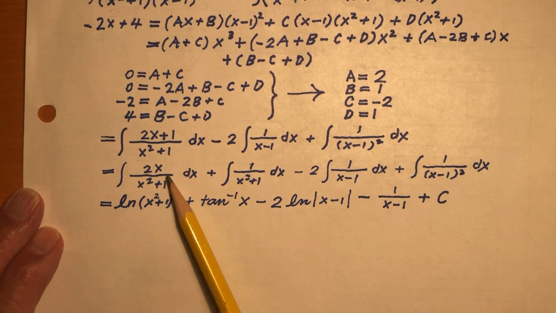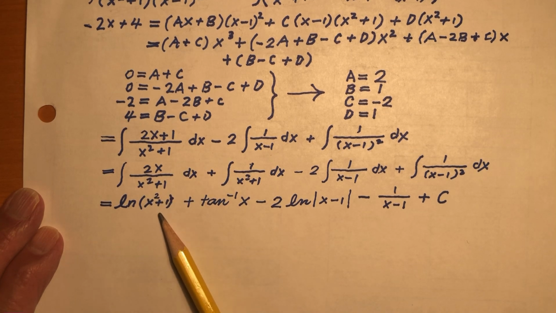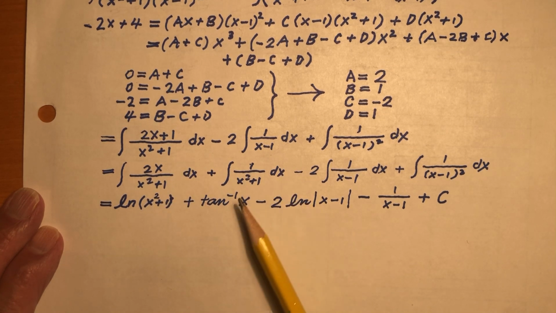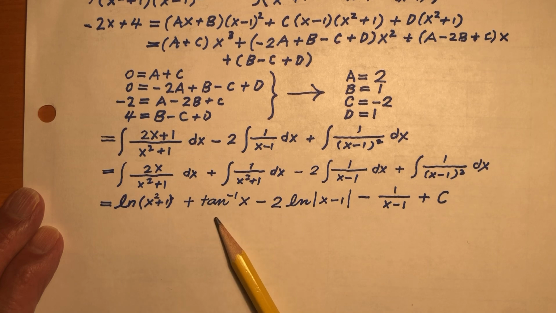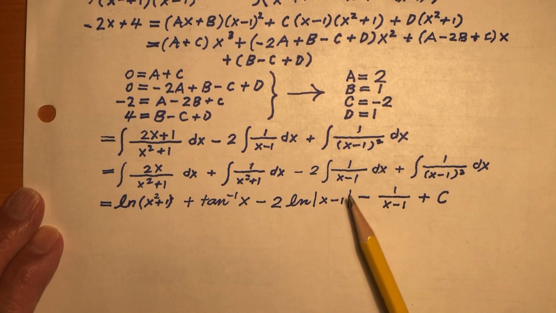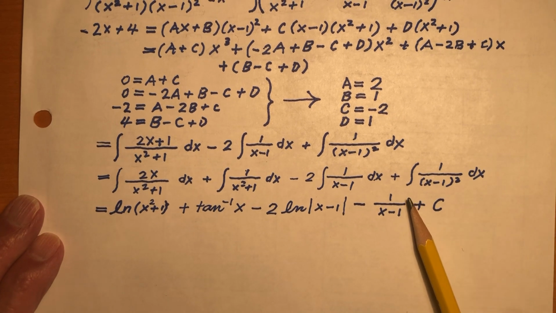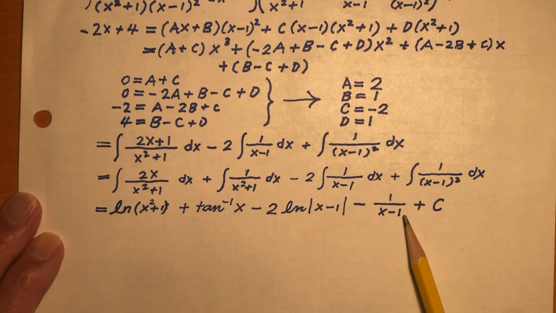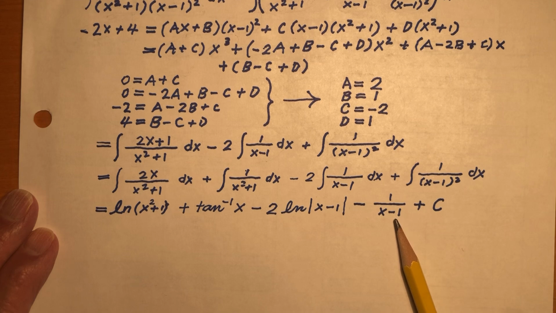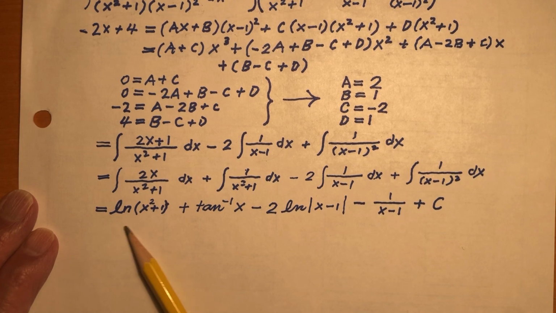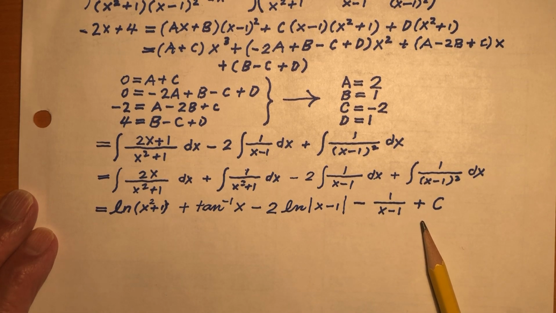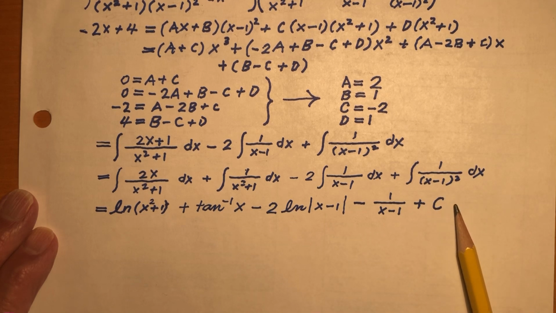The integration of this is a log function. The integration of this is arctangent, and the integration of this is log. Integration of this is just this function. So this is the result, final result, with a constant of integration.